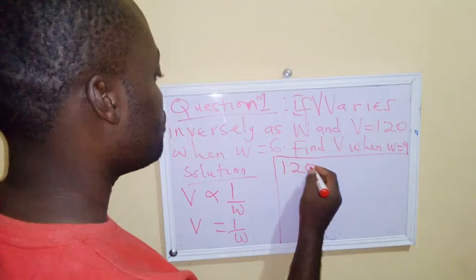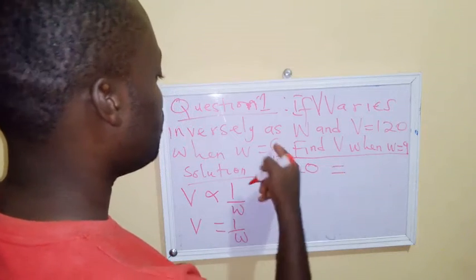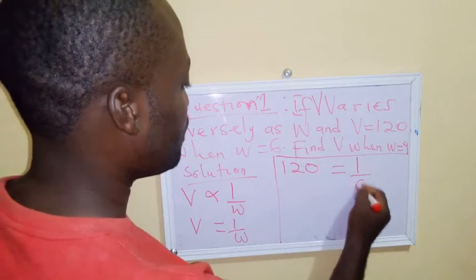So that means 120 will be equal to, W is given to be 6, 1 over 6.